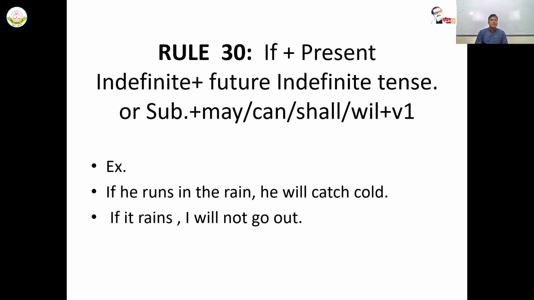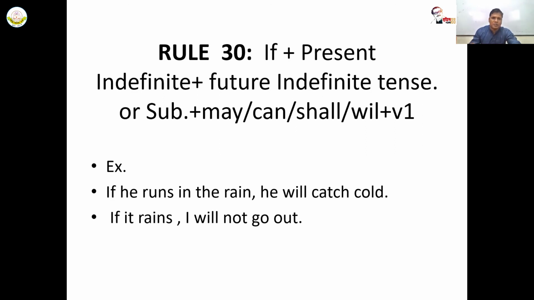If one part is present indefinite tense, definitely the other part will be future indefinite tense. For example, if he runs in the rain, he will catch a cold. That means if plus present indefinite tense, and the other part will be future indefinite tense. It will come in the completing sentence also. In another example, if it rains, I will go out. That means present indefinite plus future indefinite. And you have to keep in mind it can come in the middle of the sentence.